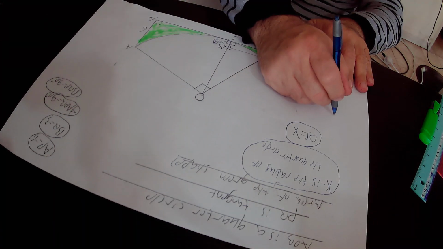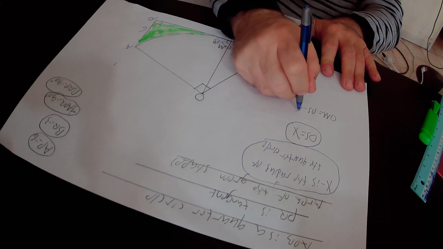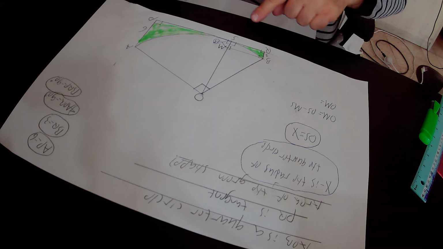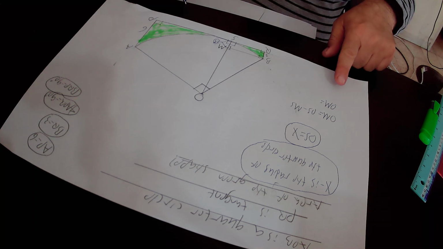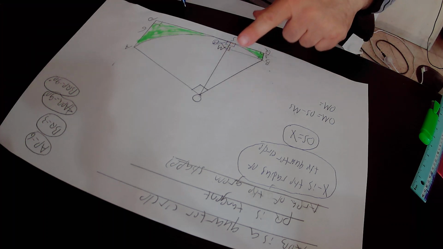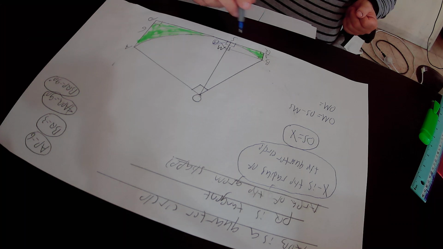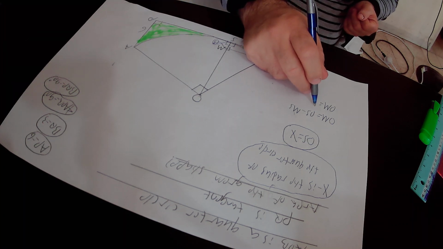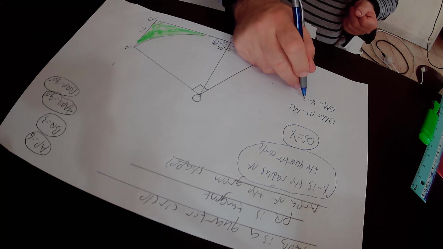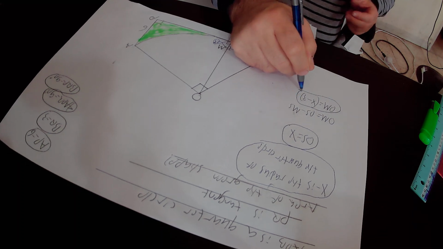OM equals OS minus MS. OS is the radius of this quarter circle that is equal to X according to our definition, minus MS. MS is 3. So I found out that OM equals X minus 3 units in its length.